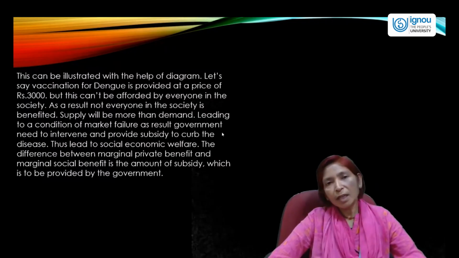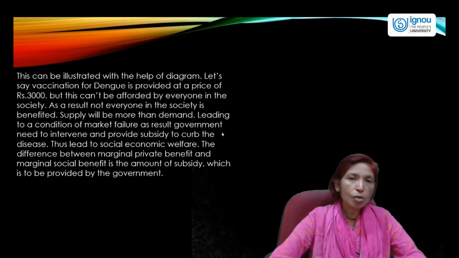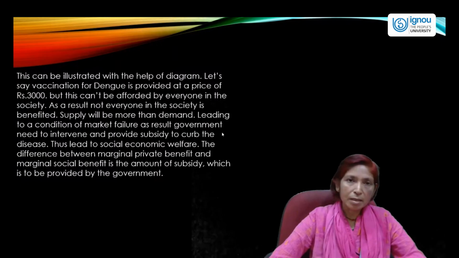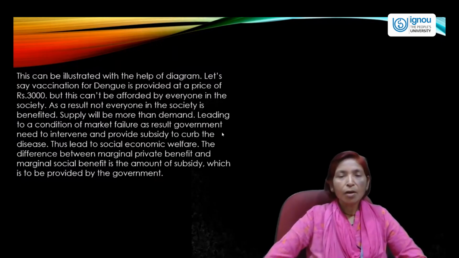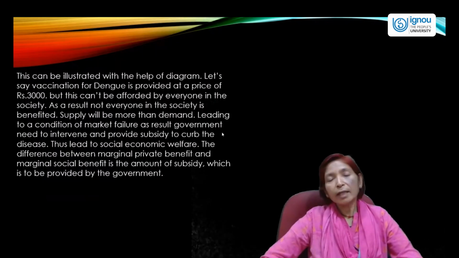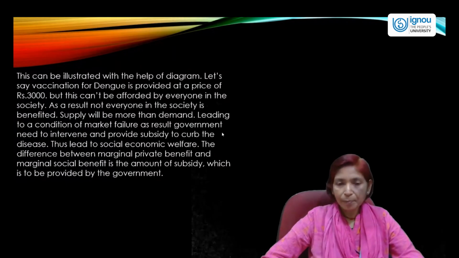The difference between marginal private benefit and marginal social benefit is the amount of subsidy which is to be provided by the government. So at the time of positive externality, the government provides subsidies. But at the time of negative externality, the government imposes taxes.